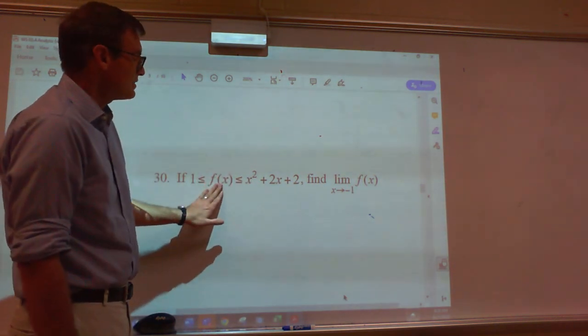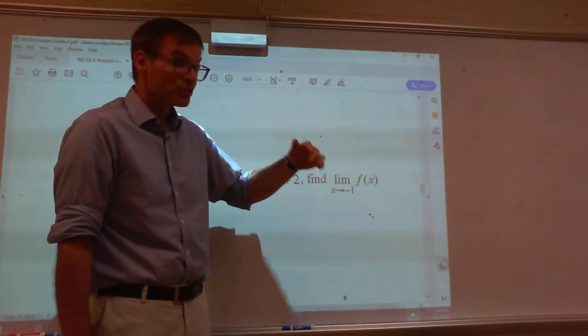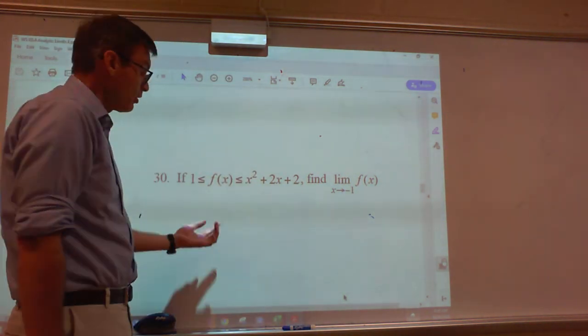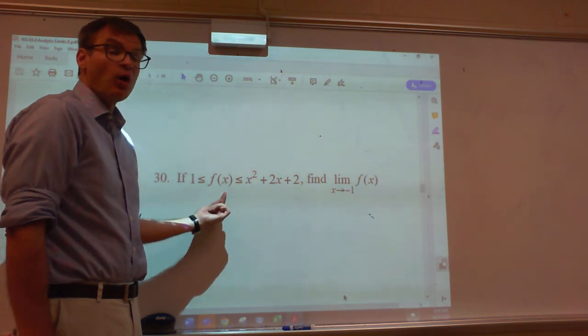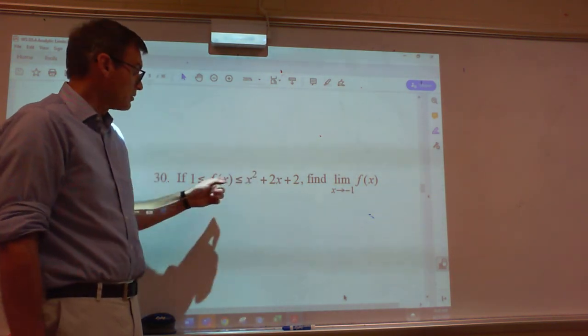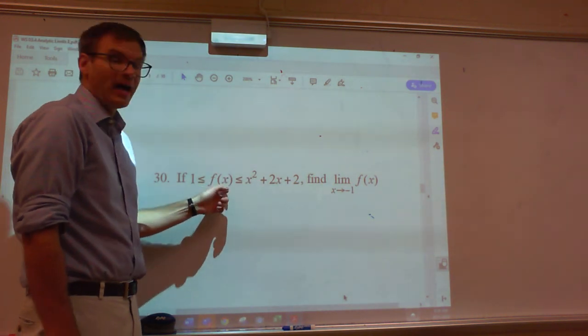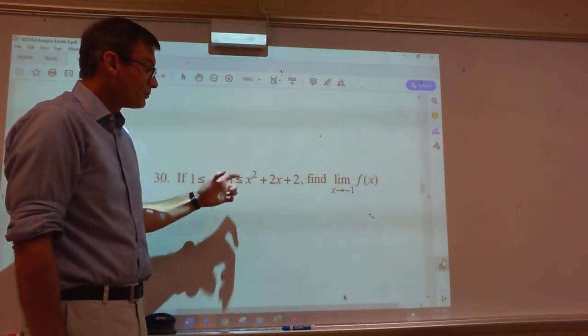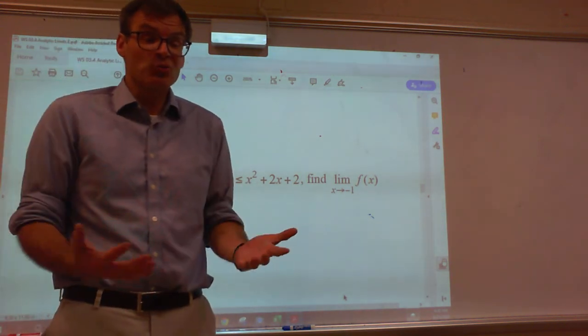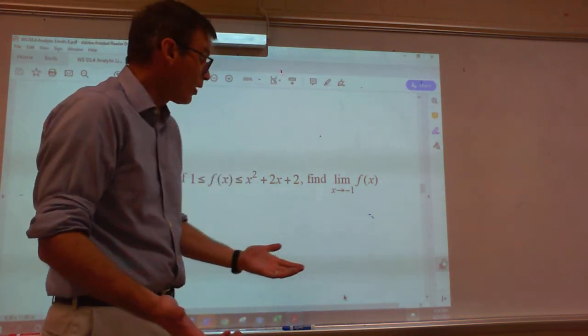Now, this is asking, what's the limit as x approaches -1? I don't know if you noticed, they don't tell us a thing about what f of x equals. All they tell us is, this is always bigger, this is always smaller. They don't even know what's happening to f everywhere. They just want to know what's happening to f at -1.